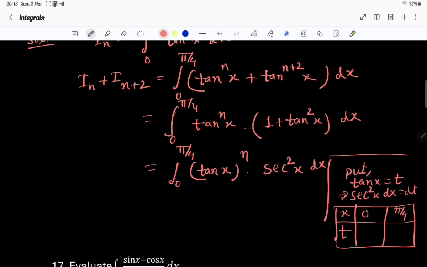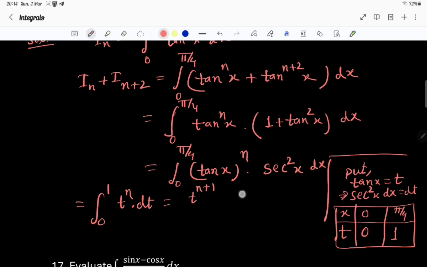If you put x equals 0, tan 0 is 0. If you put pi by 4, tan pi by 4 is 1. So the limit changes from 0 to 1, and the integral is t to the power n dt.